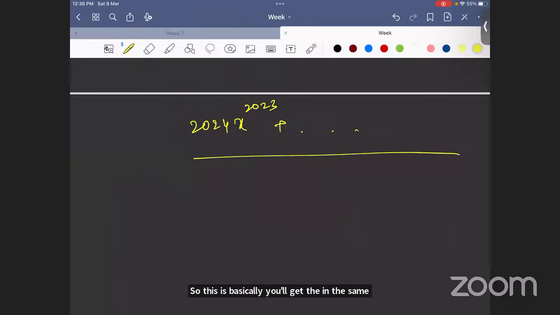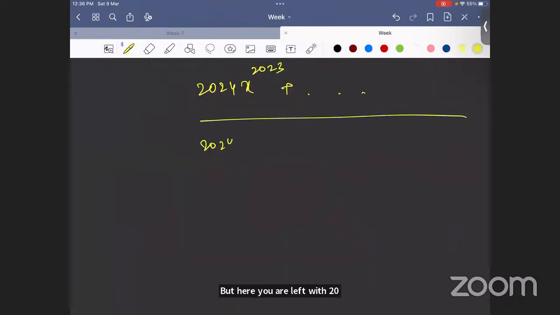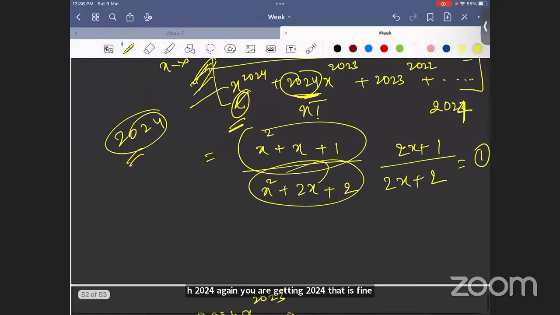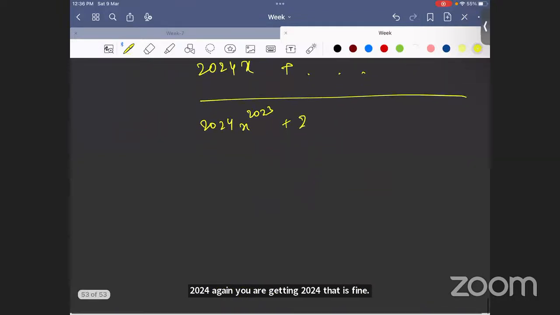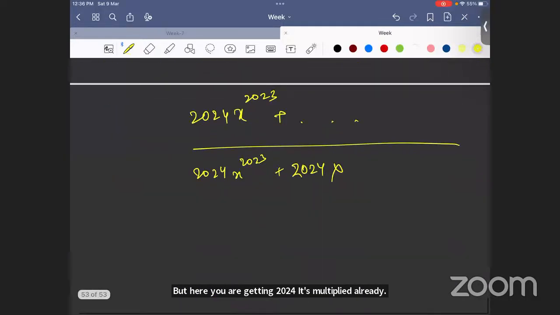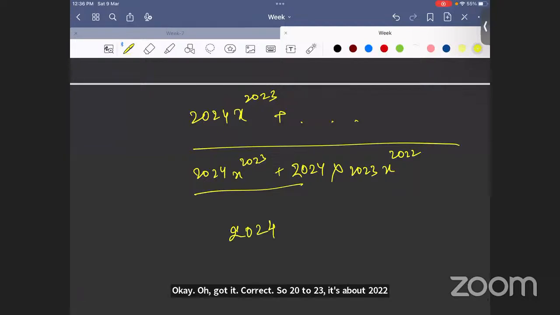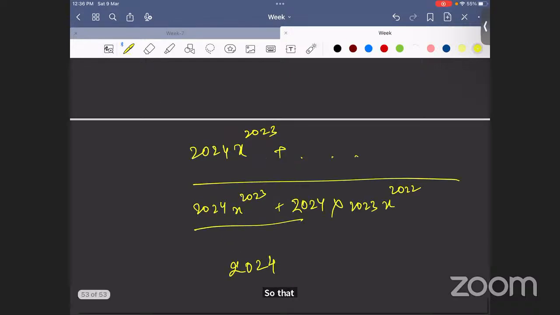But here you are left with 2024. Again you are getting 2024. That is fine. But here you are getting 2024, multiplied already: 2024 into 2023 into x to the power 2022. Correct. So 2023 x to the power 2022. So that means for 2024, the powers are different. We cannot add.